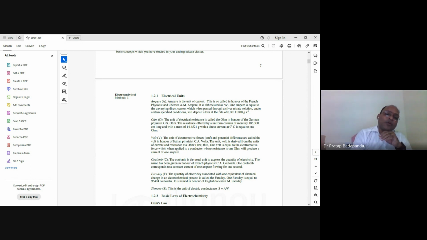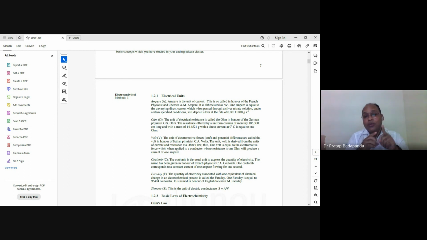This is the important part. If the conductor of 1 ohm has 1 volt EMF applied, then it produces 1 ampere of current. This is the calculative value of these things.